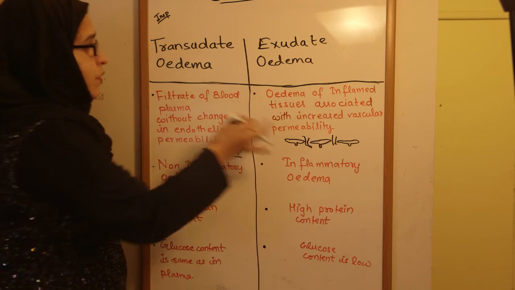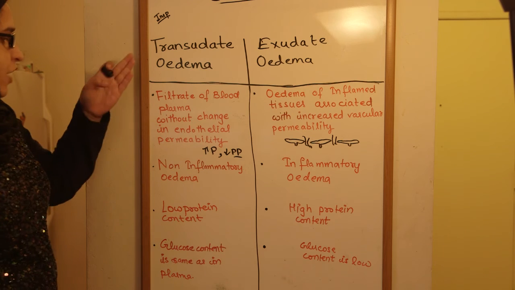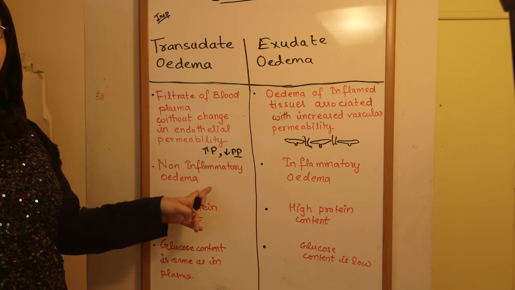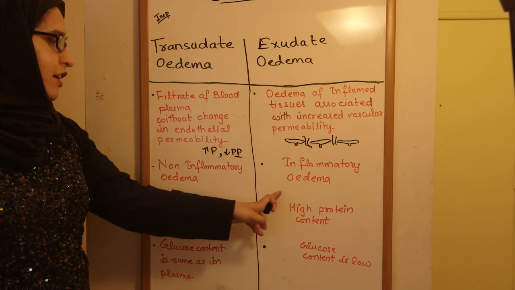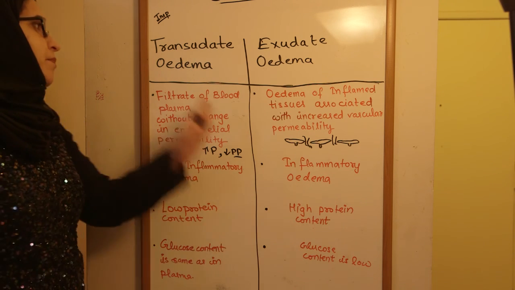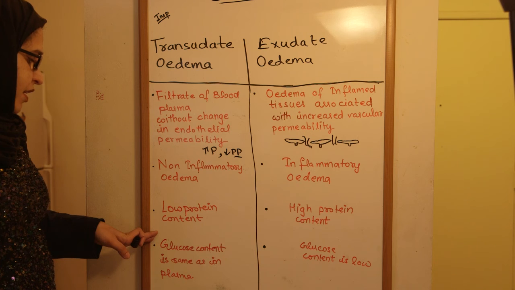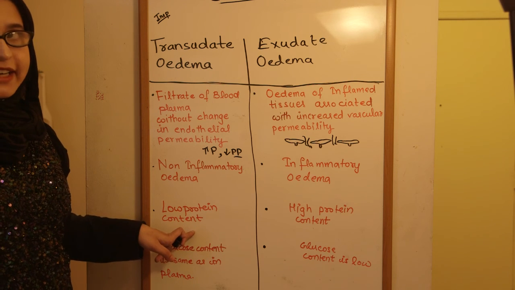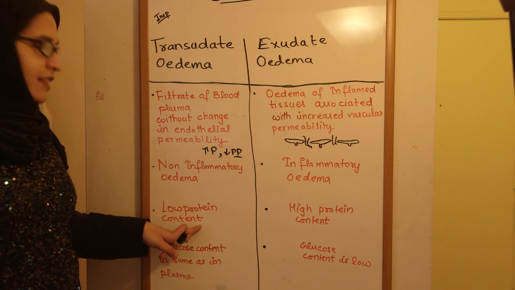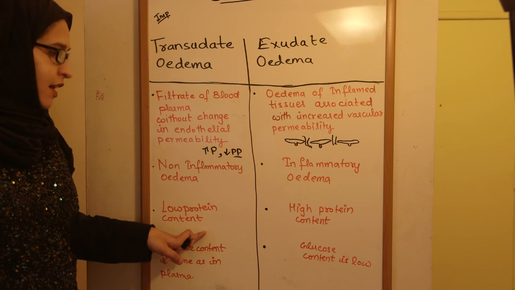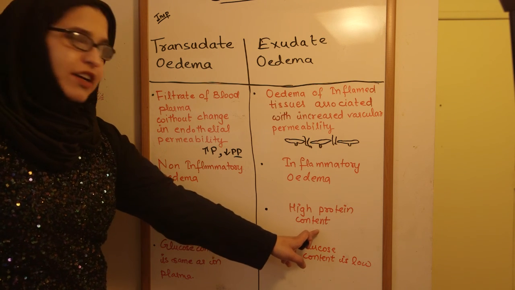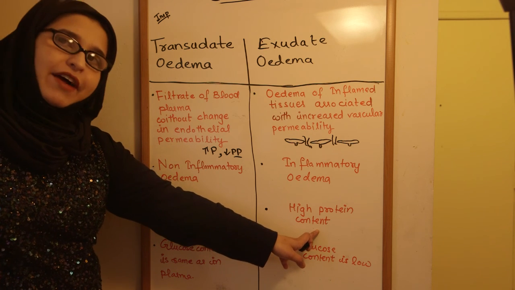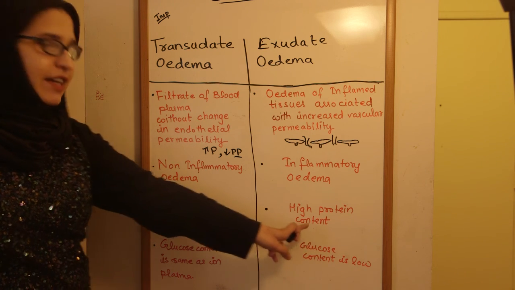Okay, now the transudate edema, it is also called as non-inflammatory edema, and the exudate edema is an inflammatory edema. The transudate edema has low protein content, that is less than 1 gram per dl. And in case of exudate edema, it is high protein content, that is nearly 2.5 to 3.5 gram per dl.